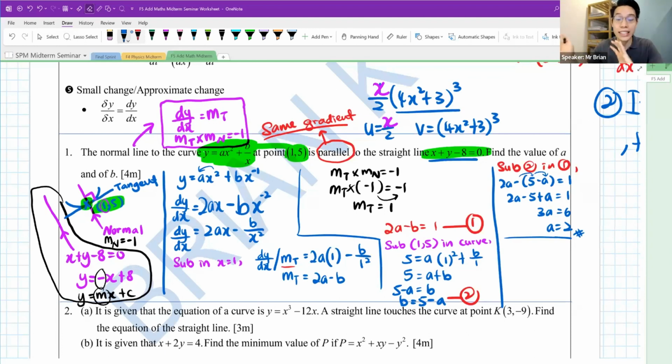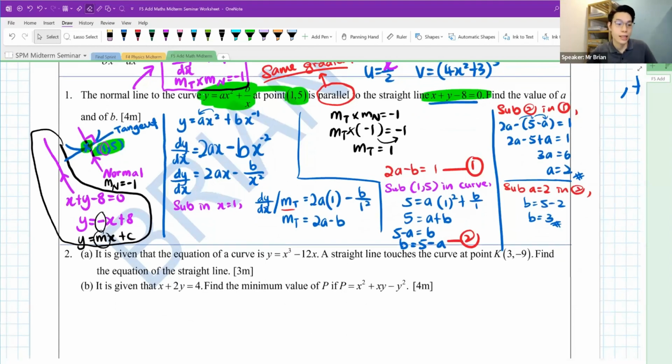So plus becomes minus, times becomes divide, that kind of stuff. Lastly, we sub this into maybe equation 2. And that's how we get it.